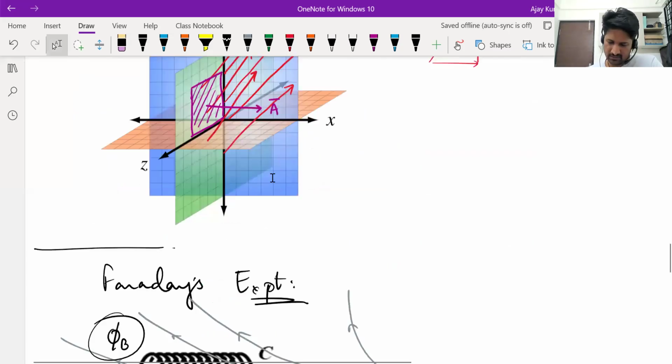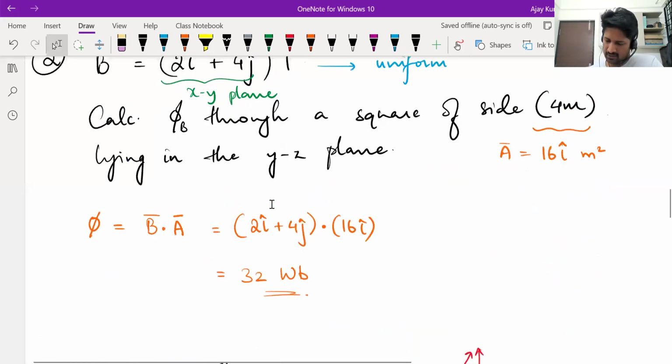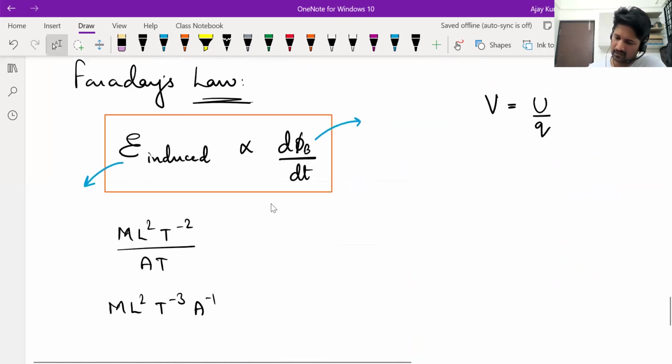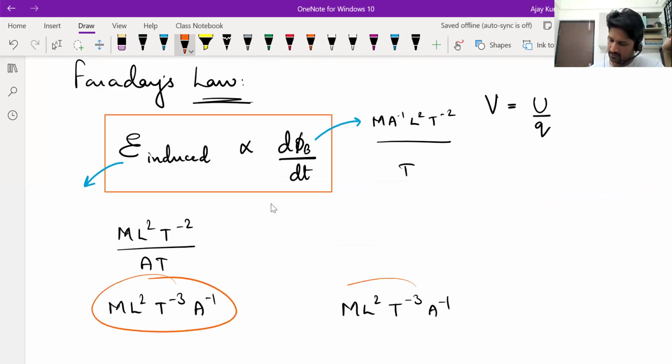In today's class itself we derived M A power minus 1 L square T power minus 2, divided by dt, which is time. So the dimensions on the right hand side become M L square T power minus 3 A power minus 1. We see that EMF and rate of change of magnetic flux have the same dimensions.